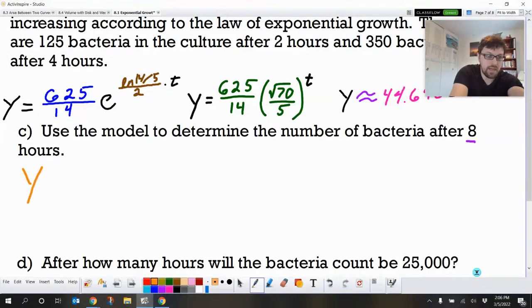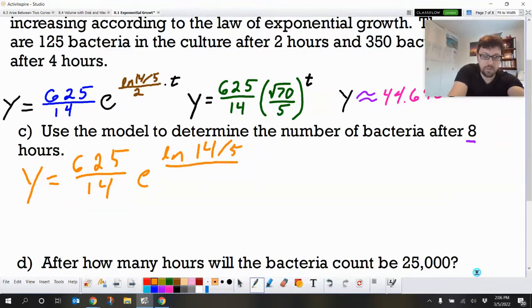So we get y equals 625 over 14, e to the ln of 14 fifths over 2 multiplied by 8. So first I'd cancel that 2 and that 8.